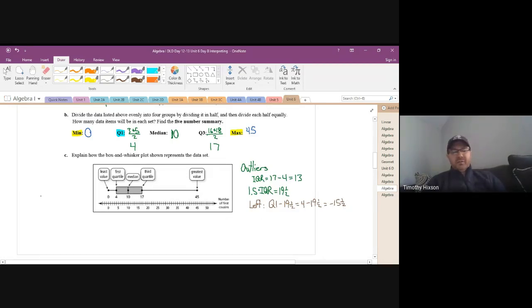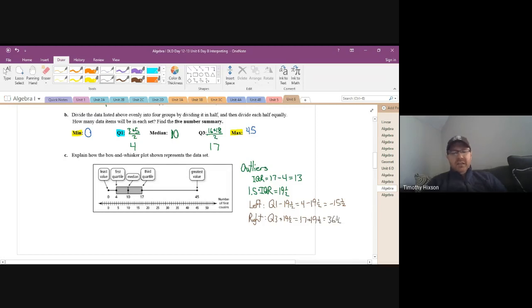All right, that fence would be way down here. Okay, but on the right-hand side, we're going to do Q3, and we're going to add 19.5. Okay, so Q3 is 17 plus 19.5. And that comes out to 36.5.